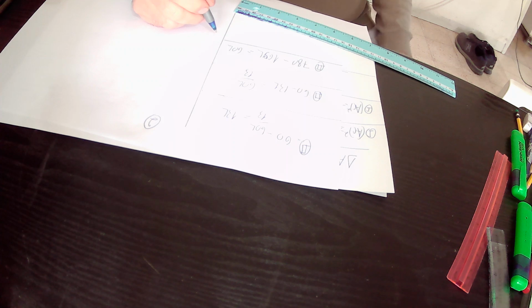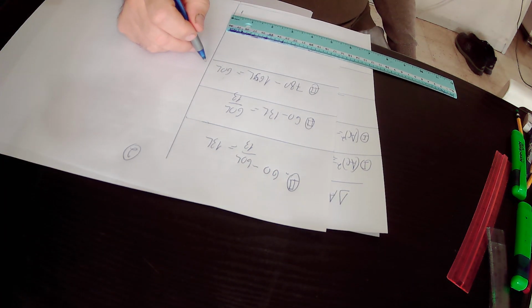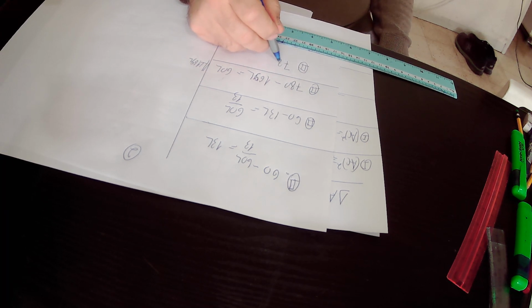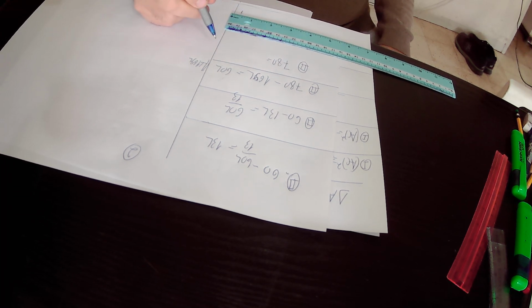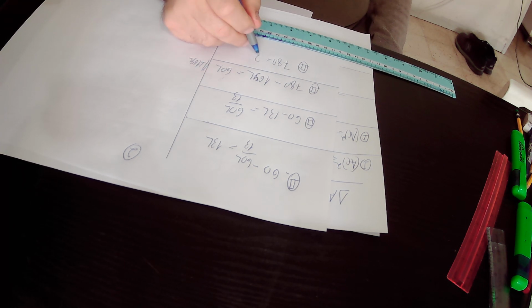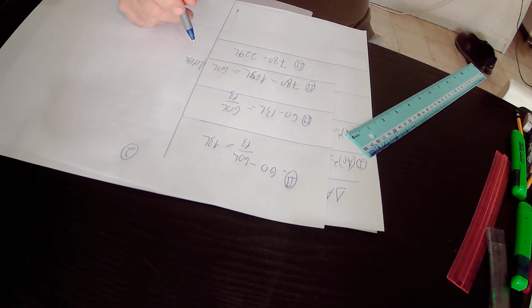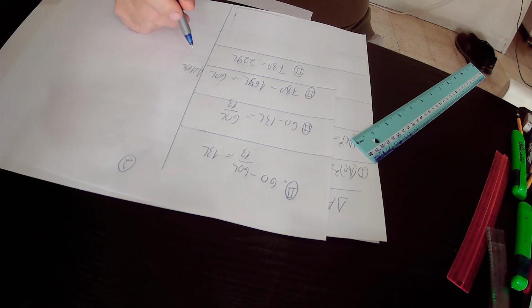Here we add 169L to equation 2, and we get 780 equals 60L plus 169L, which is 229L. So in conclusion, according to equation 2, 780 equals 229L.